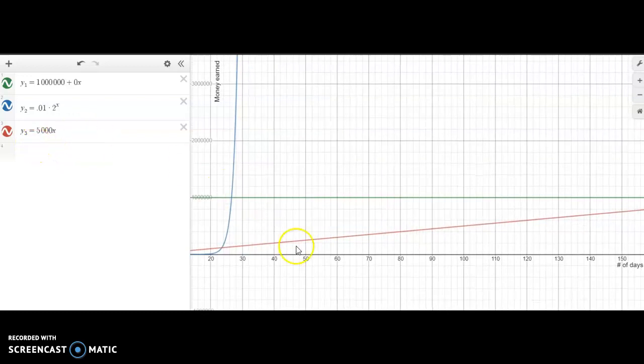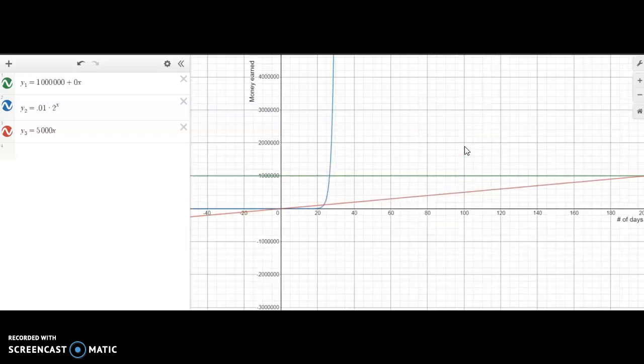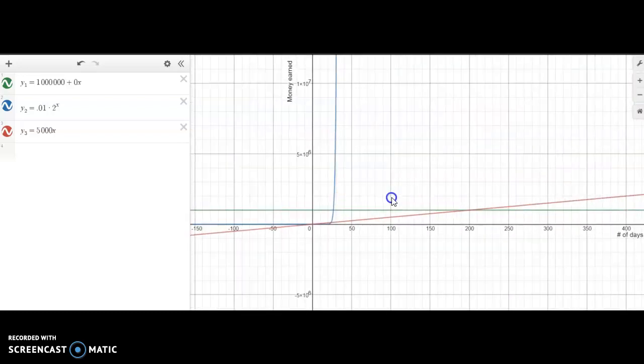And then if I gave you $5,000 a day, that's how it's going to increase. Each day you're going to get $5,000. So as you can see, the better option if you want more money, because at some point at 200 days, the $1 million is going to be kind of obsolete versus the penny a day versus $5,000 a day.